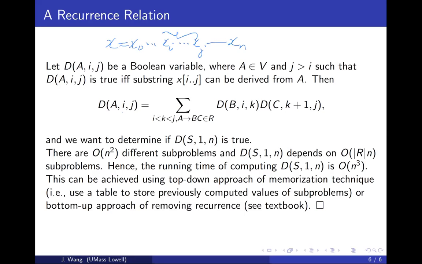So we let D of A comma i j be a Boolean variable where A is in V, j greater than i, such that it is true if and only if a substring. So let's think of this. This is x, and this is i.